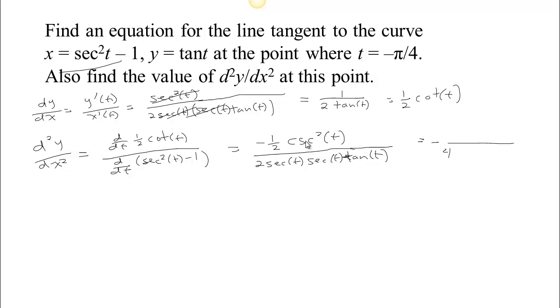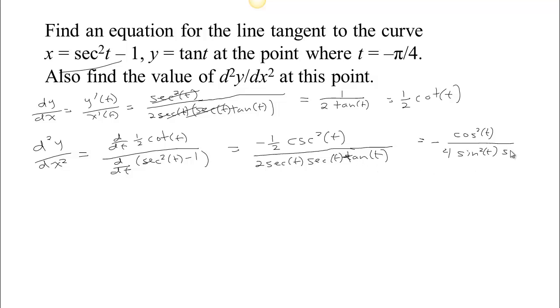Now what I'm going to do is the cosecant is 1 over the sine, right? So if we have cosecant squared upstairs, down below we really have sine squared. Okay, and the secant is 1 over the cosine. So if we have secant squared downstairs, we actually have cosine squared upstairs. And finally, the tangent, that's a sine over the cosine.